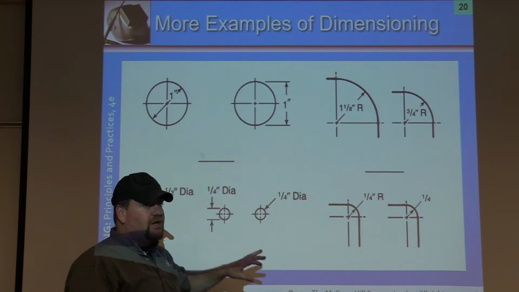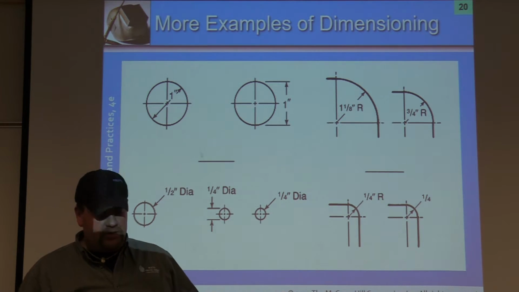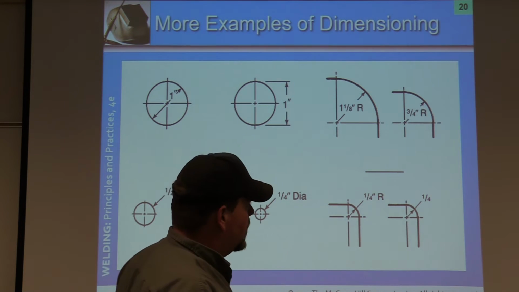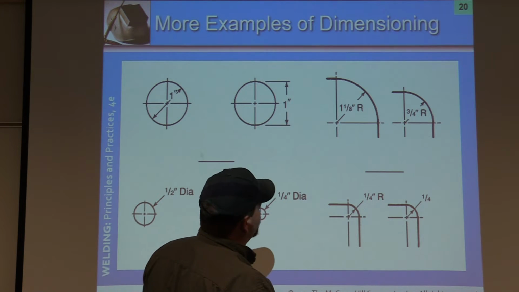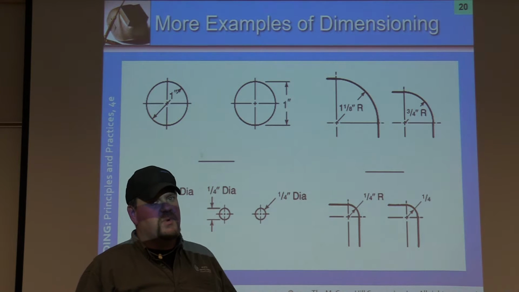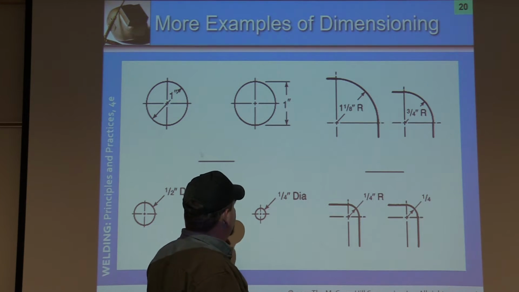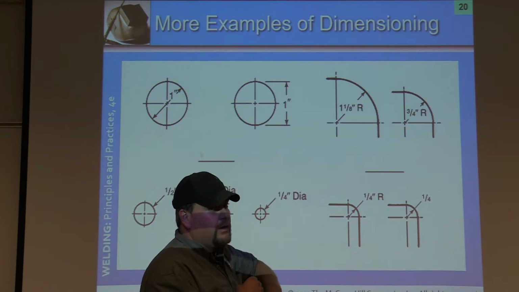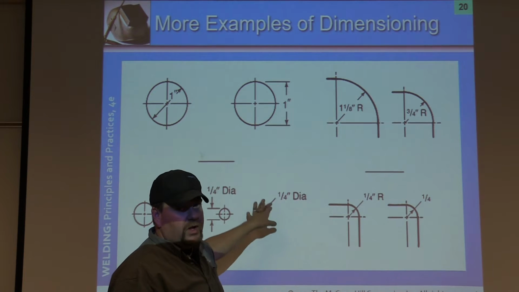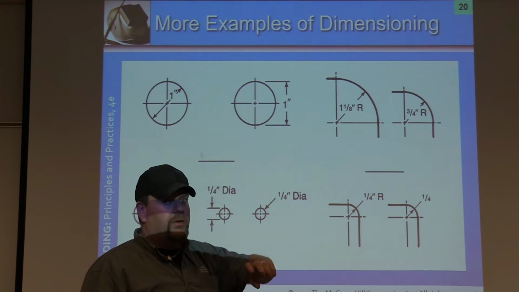Sometimes you will also see this if the leader is coming off, and it may tell you something like 1/4 inch bolt hole, quantity 3. All bolt holes will then be 1/4 inch. It doesn't specify differences. And it might tell you all are typical, all 4 places are going to be 1/4 inch diameter, 1/2 inch, 1, whatever they might be.